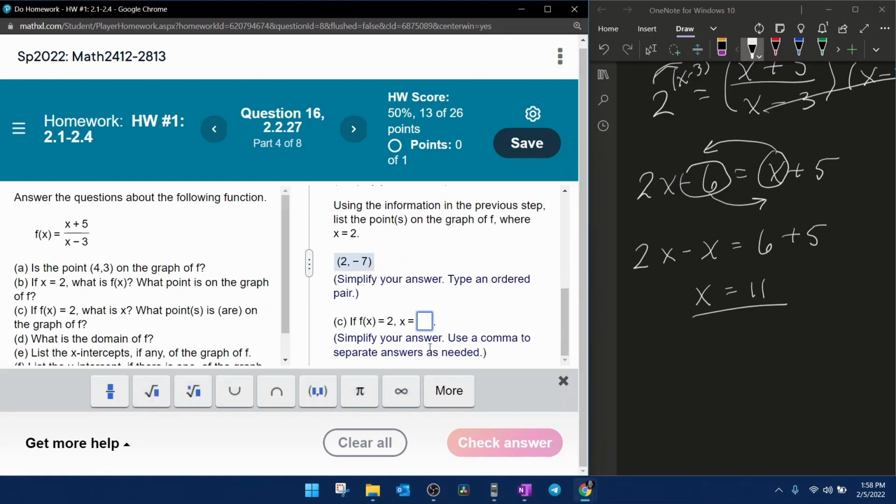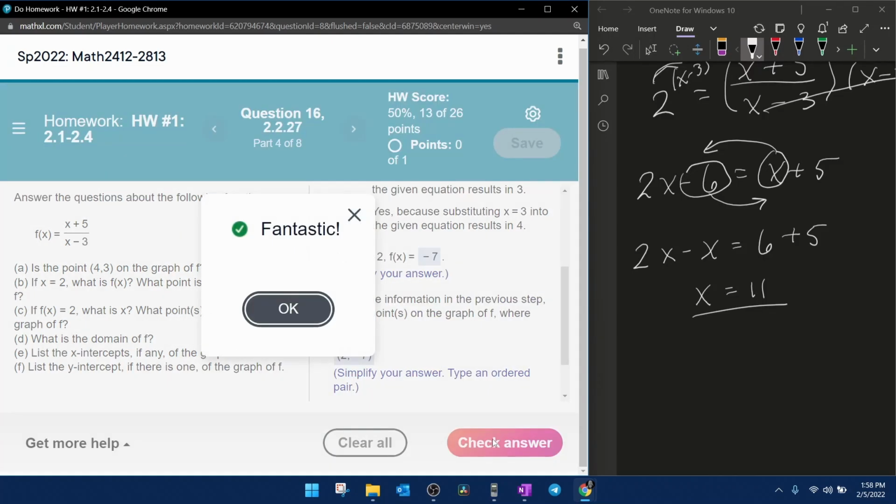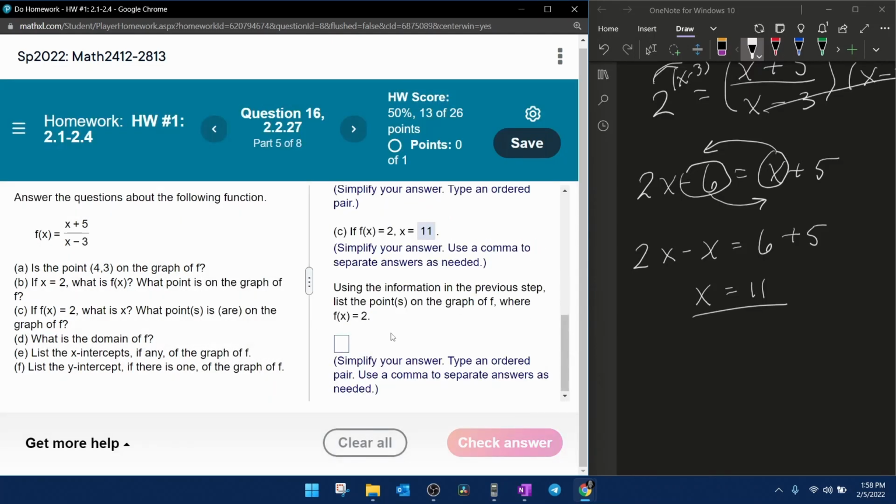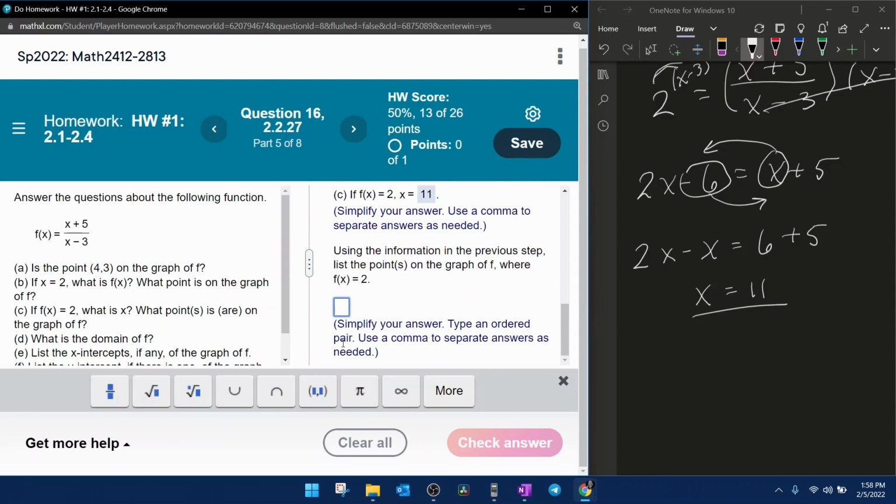And so the x value should be 11 if y is 2. Use the information in the previous step, list the points. Okay, now they want me to write that as an ordered pair. So as an ordered pair, we can see x is 11 when y is 2.